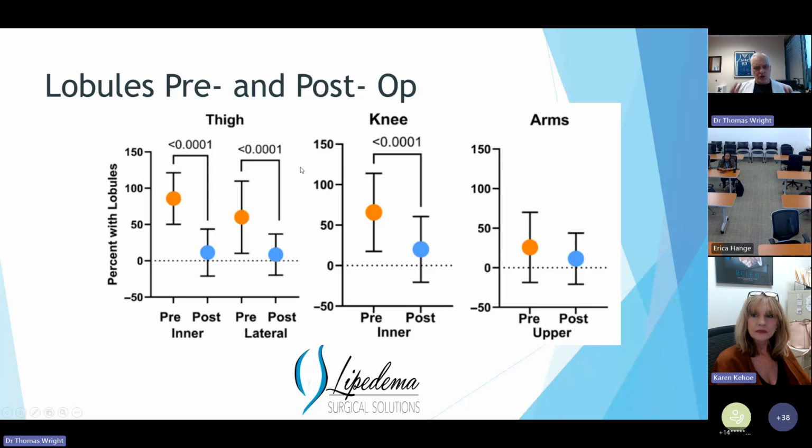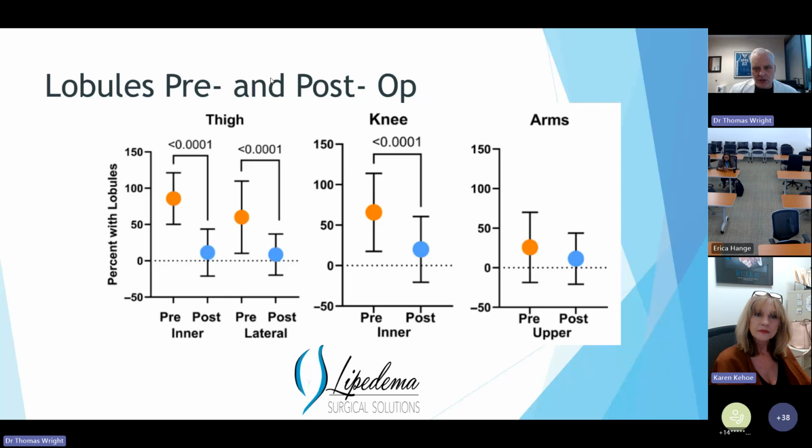So I showed you those lobules, and the amount of patients with lobules decreased highly significantly, from about 80% with a thigh lobule prior to surgery, and only a small percent, like 5%, had lobules after the surgery.